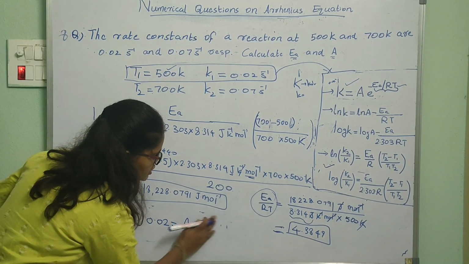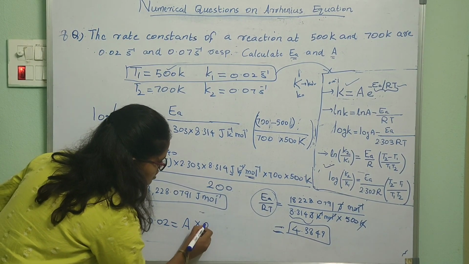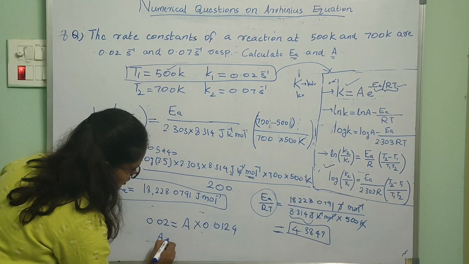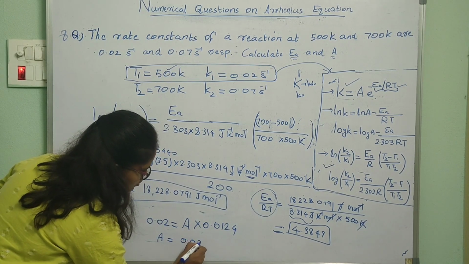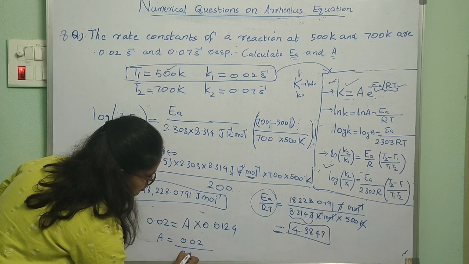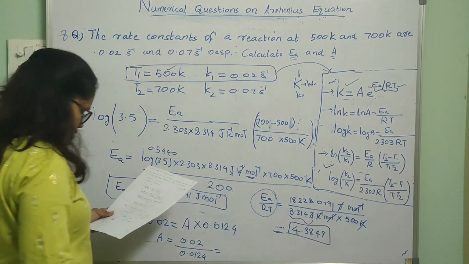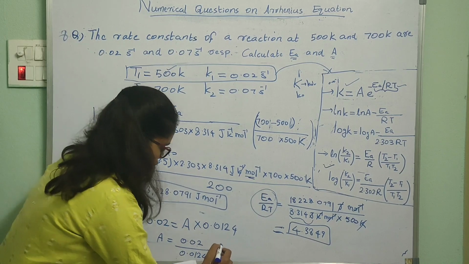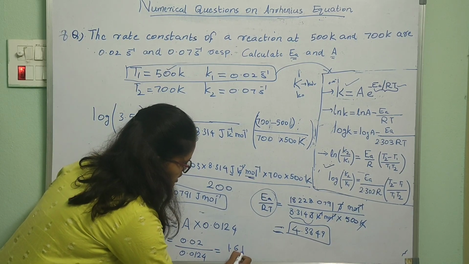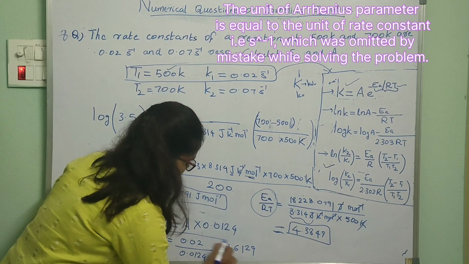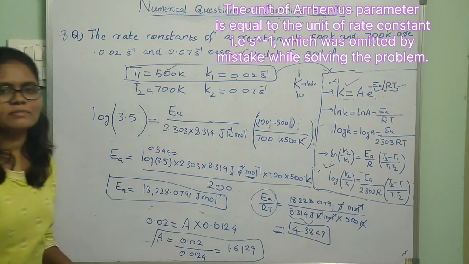When you solve it using calculator, you will get this as 0.0124. So A will be 0.02 divided by 0.0124. So the answer will be somewhere around 1.6129. So this is the value of Arrhenius parameter.